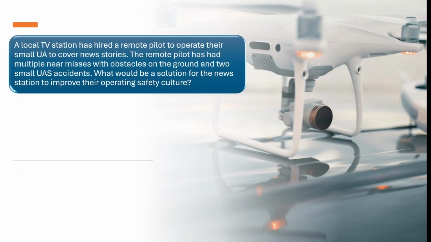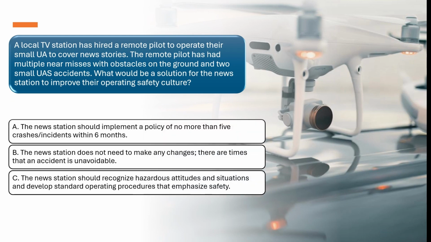A local TV station has hired a remote pilot to operate their small UA to cover news stories. The remote pilot has had multiple near misses with obstacles on the ground and 2 small UAS accidents. What would be a solution for the news station to improve their operating safety culture?